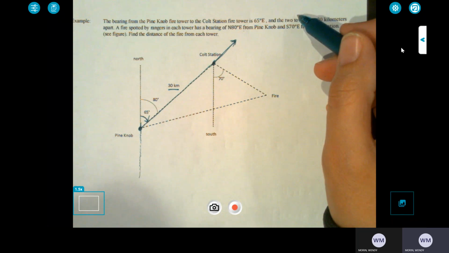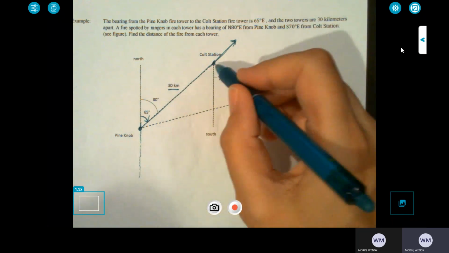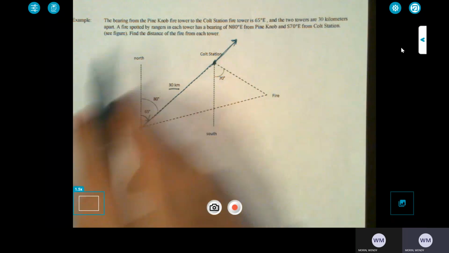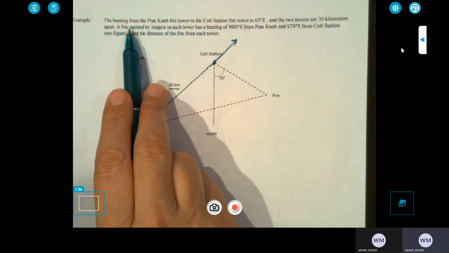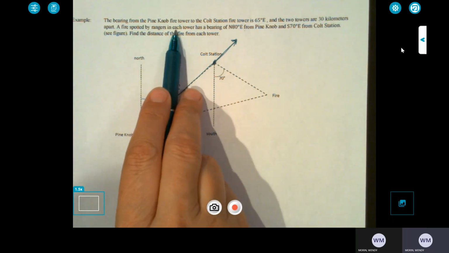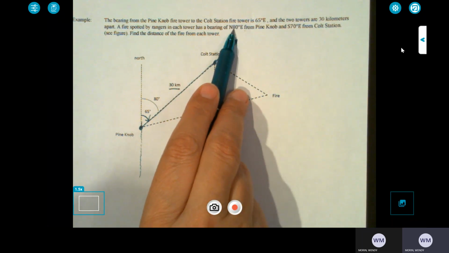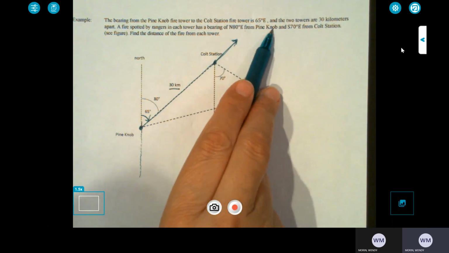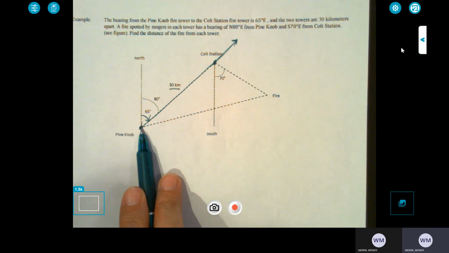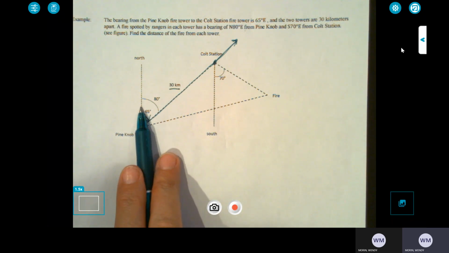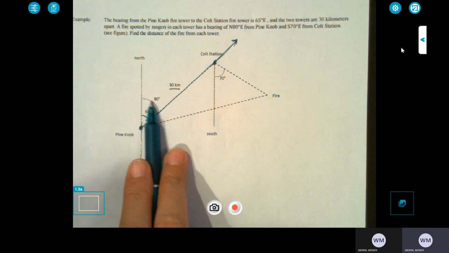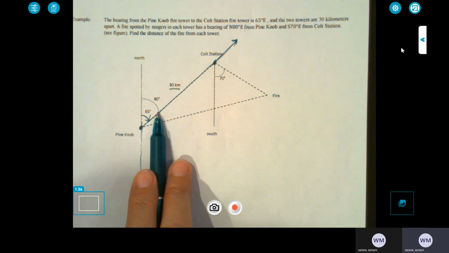Normally it would be a little bit more specific because we don't know. Yeah, I guess there's the tower. Never mind. A fire spotted by rangers in each of the towers has a bearing of north 80 degrees to the east from Pine Knob. So here's Pine Knob. From the north, we're going to go 80 degrees to the east. Well, this is 65, so that's not right.